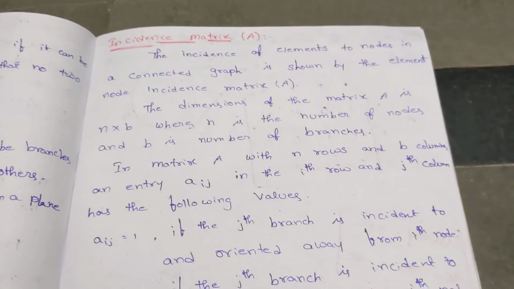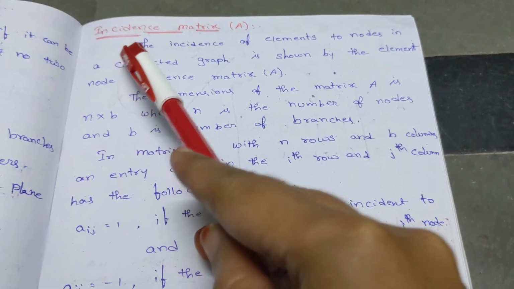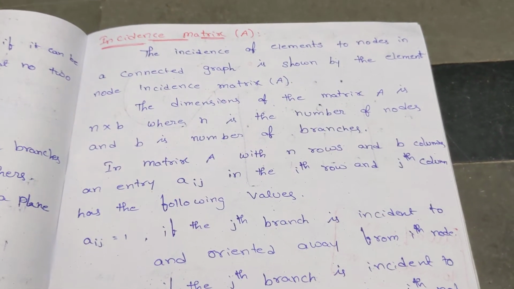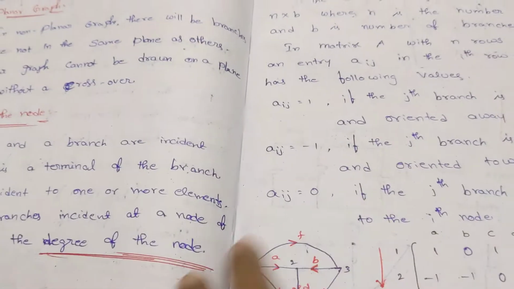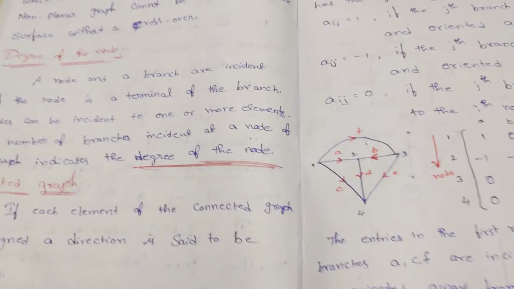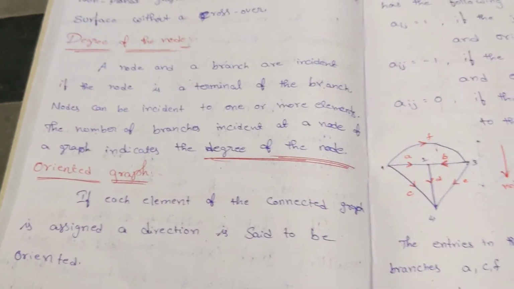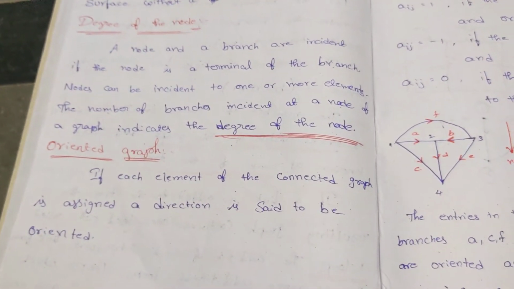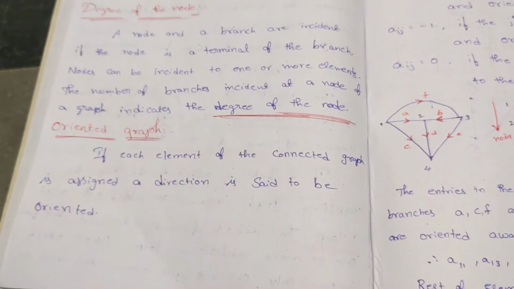Before that, what is meant by incidence? How is a graph represented? So already I stated one point. If any graph has only the branches without any directions, we say that it is an undirected graph.